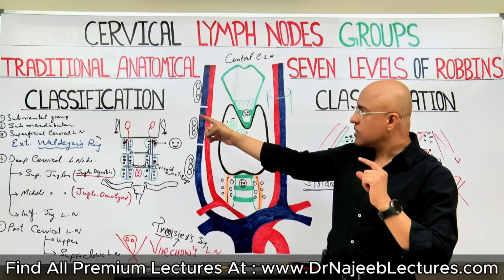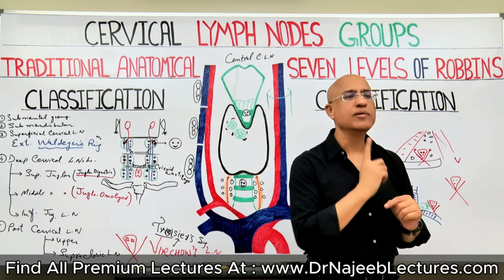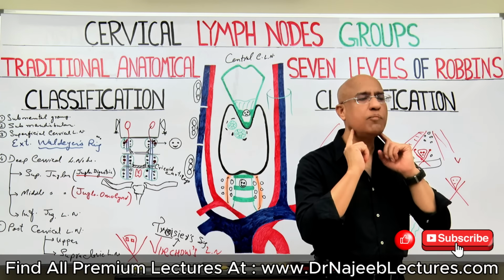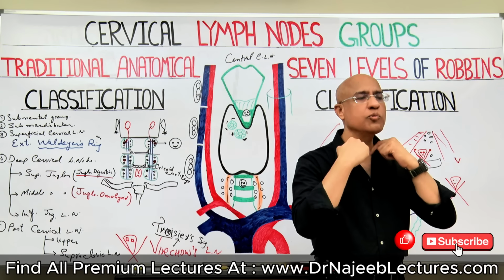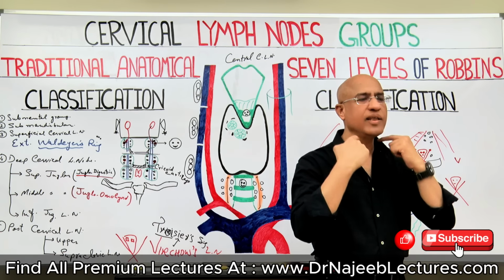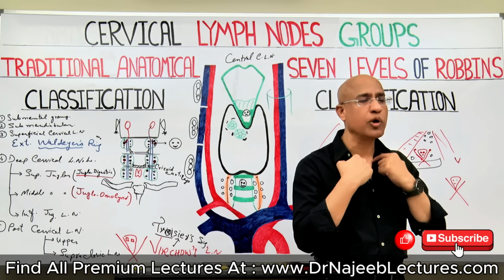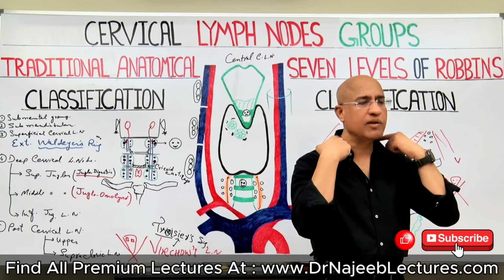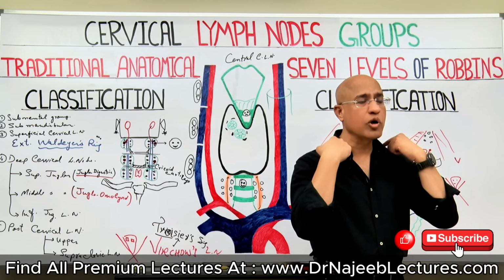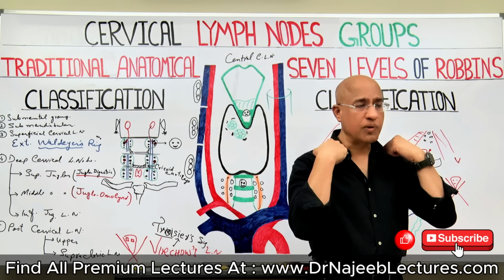Traditional anatomical classification in 1 minute. What is this? Submental, submandibular, then superficial cervical, then deep cervical and jugular lymph nodes, upper group, middle group, lower group, then posterior cervical lymph nodes, especially their lowermost lymph nodes, which are supraclavicular.